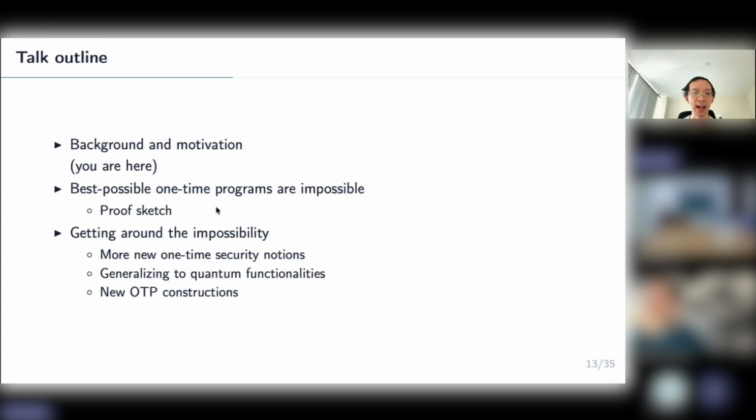For the second half of our results, I'm going to discuss how we can get around the impossibility. In doing so, we'll propose some new one-time security notions. We'll also generalize our discussion of one-time programs from not just classical randomized functionality, but also quantum functionalities.